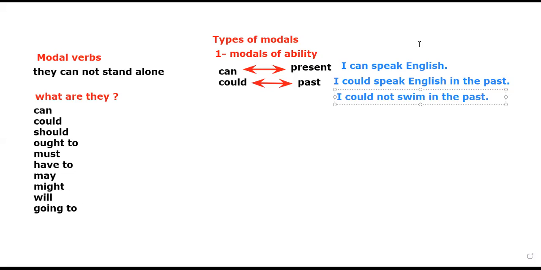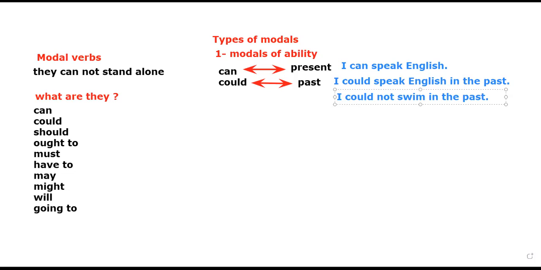I can't go. I can't wait. I can't talk. In the past, use could. I could speak English in the past. And if you were not able, I couldn't swim or speak English in the past.